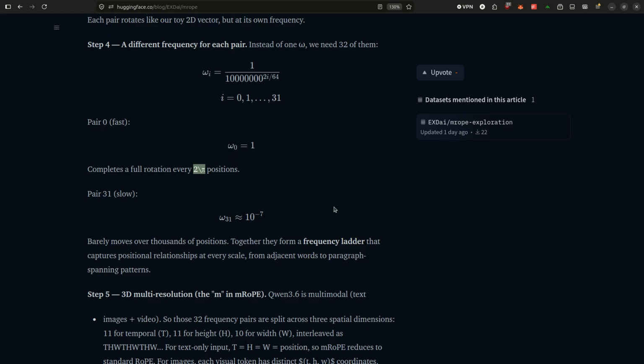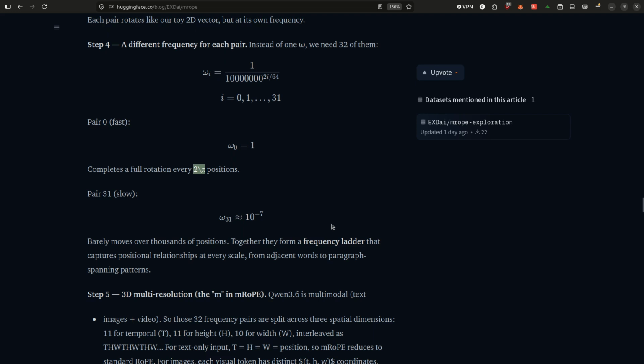Imagine two words in some corpus of text that you've entered as an input sequence, separated by a great distance, say hundreds of index points between them. Those relationships are captured better by the dimensions which move slowly, because the first one would have just cycled round and round around the origin. So it doesn't really capture that information, but the later dimension does.